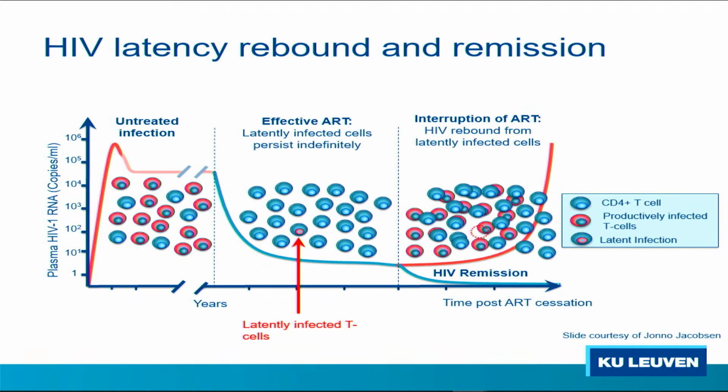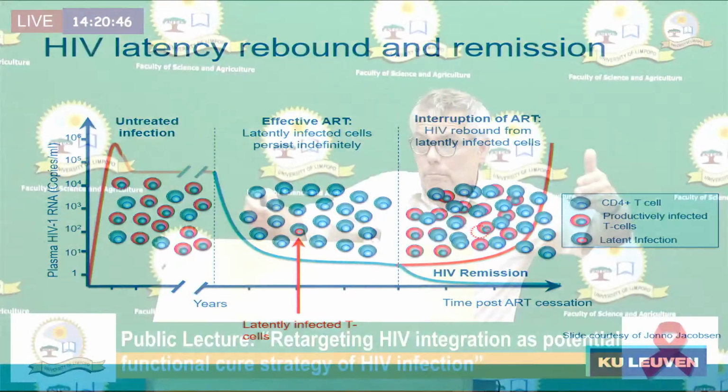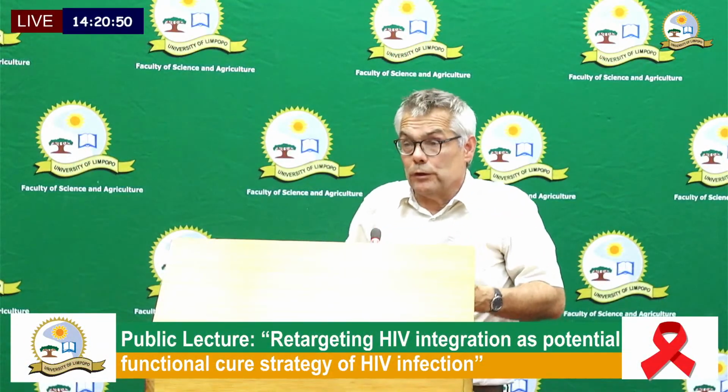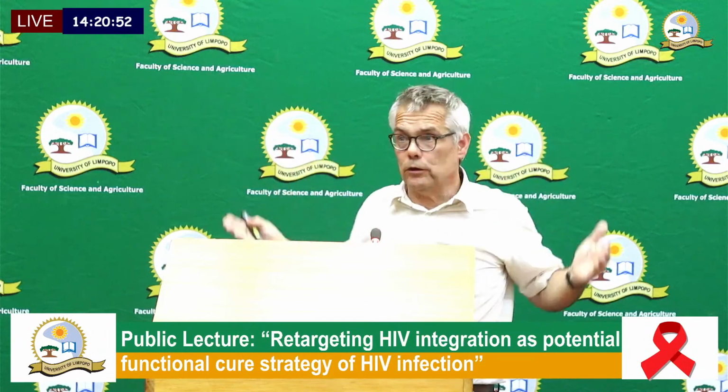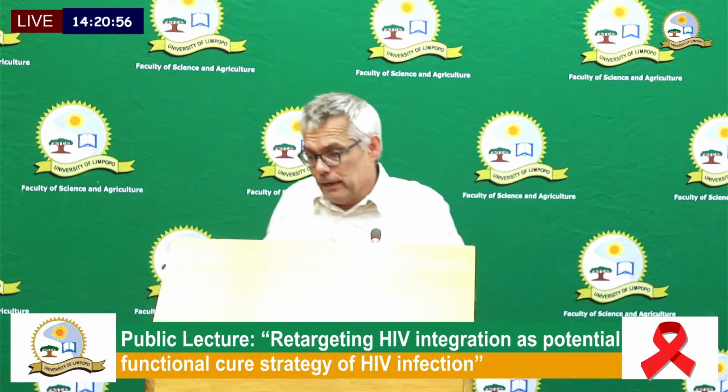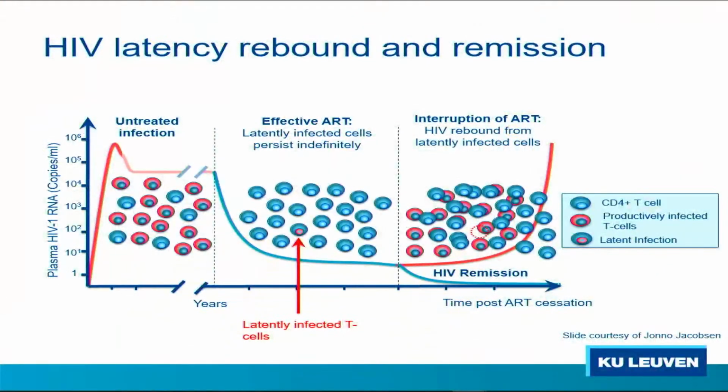almost no virus detectable in the blood of the patients. But since the virus integrates in the genome of these lymphocytes, and some of these cells become memory cells, and this immunological memory you keep for the rest of your life, that's the meaning of memory, some of these proviruses will stay latent. No proteins are being produced, it's not recognized by the immune system, but these proviruses stay for the rest of the life of the patient.